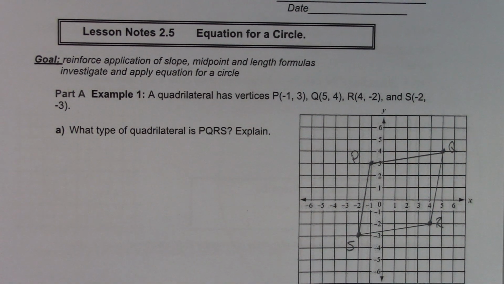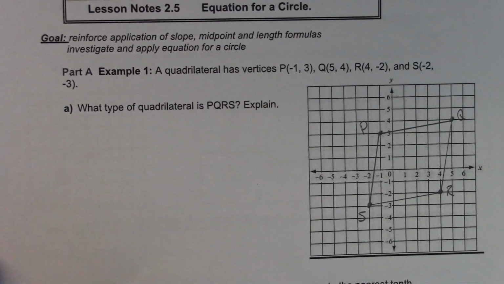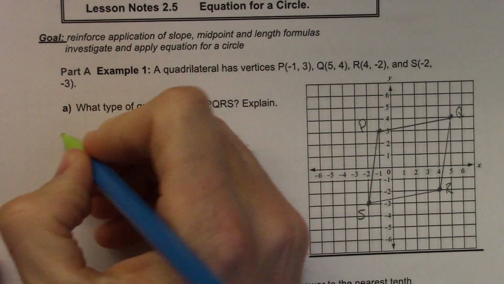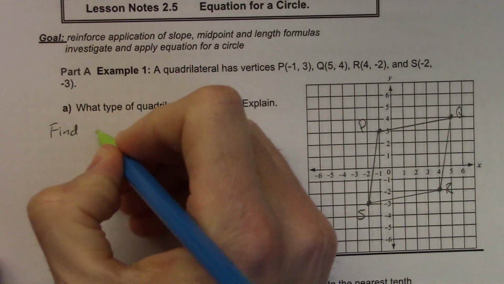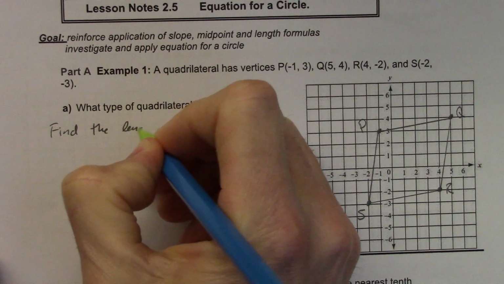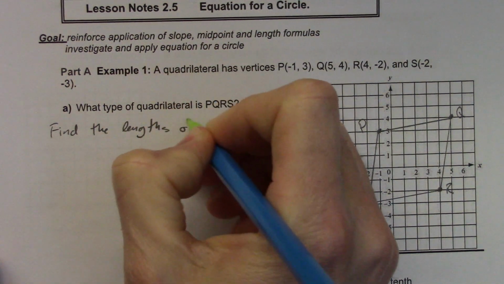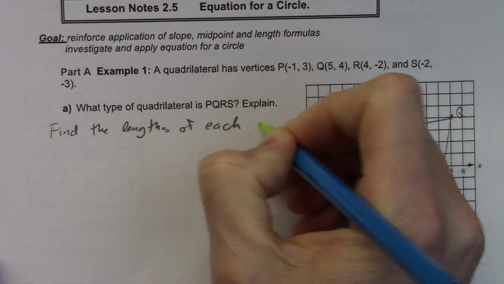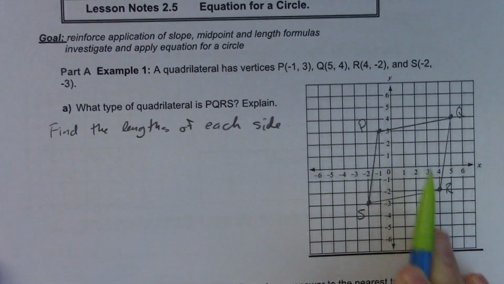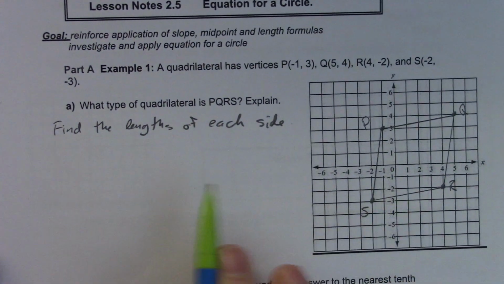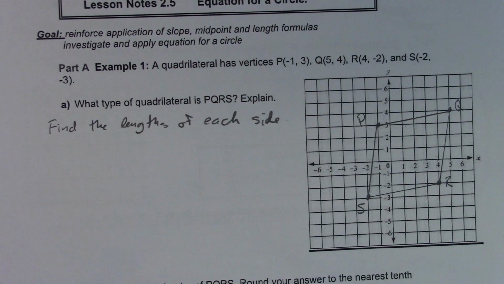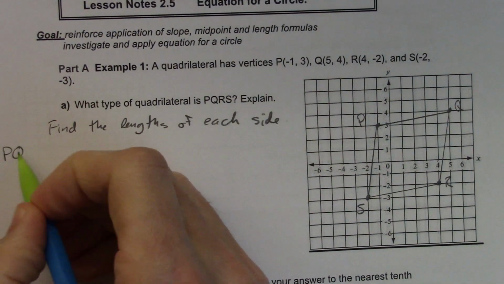Actually, to determine if it's a rhombus, we need to know the lengths of each side. Okay, now if the lengths of all the sides are the same and the slopes are the same, then we have a rhombus. Okay? So let's find the length of PQ first.